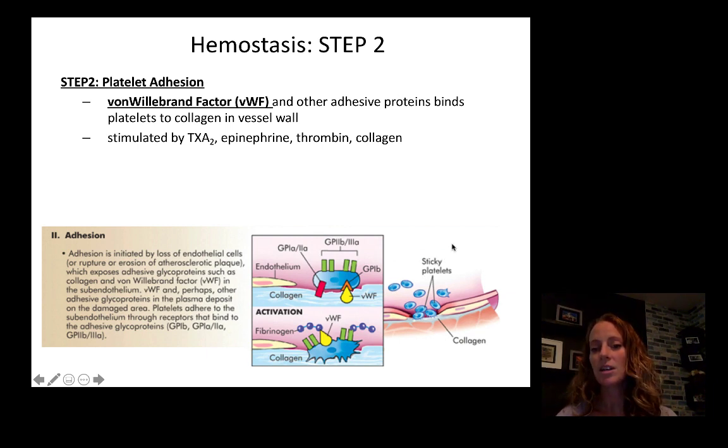So in this image here, you can see the endothelium. There's been damage to the endothelium such that the subendothelial layer is exposed, and here's that basement layer and then the smooth muscle below, and the platelets are now sticking to that collagen within the connective tissue, deeper in the blood vessel layers.